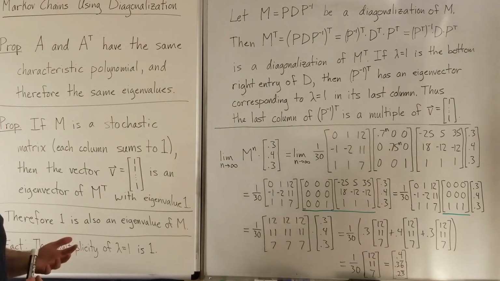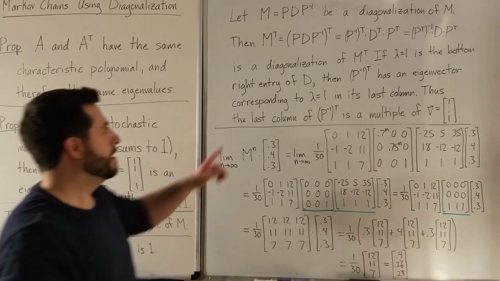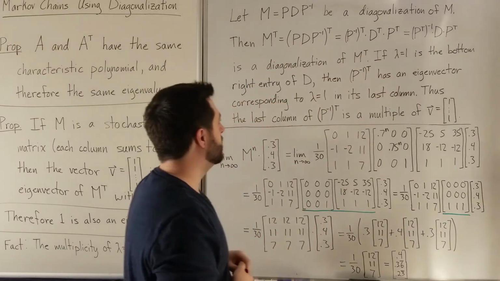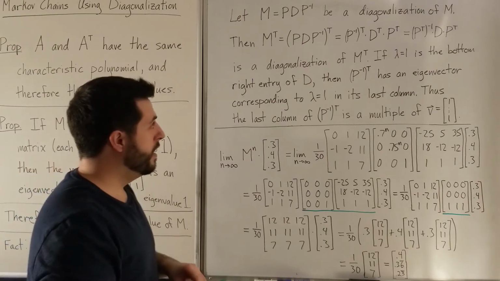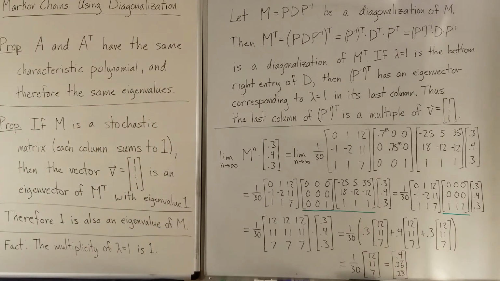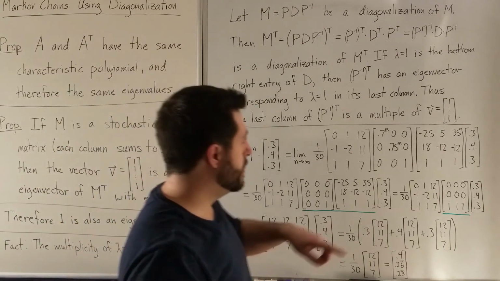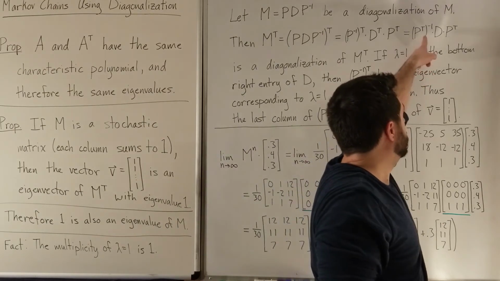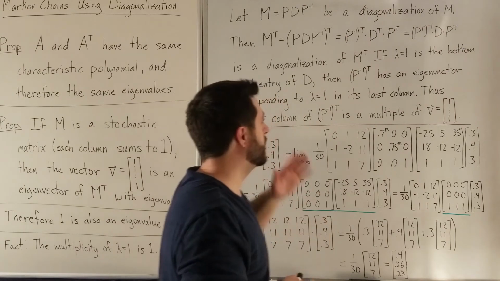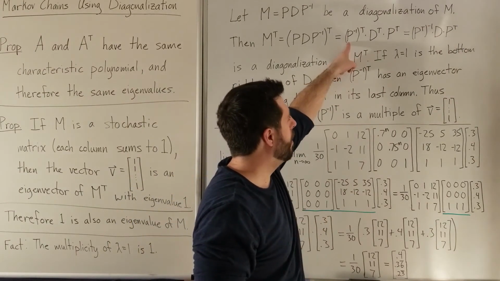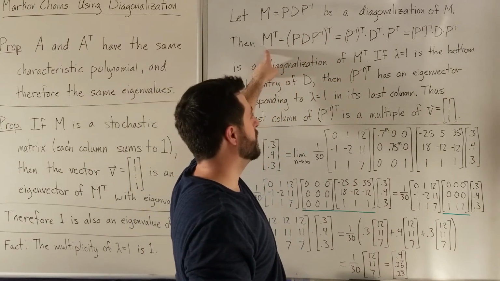And this is a diagonalization of M transpose. So M transpose is equal to that, and it satisfies the diagonalization requirement. Therefore, the columns of this first matrix here, P transpose inverse, or I could think about this matrix here, P inverse transpose, the columns of that matrix are the eigenvectors of M transpose.